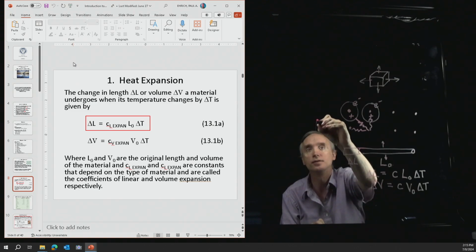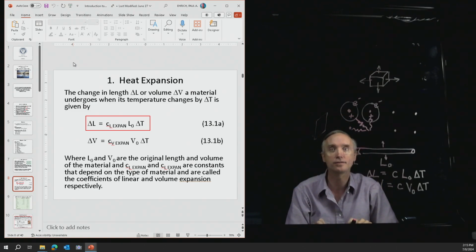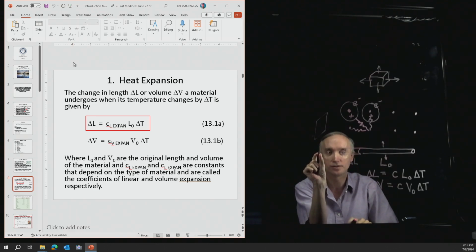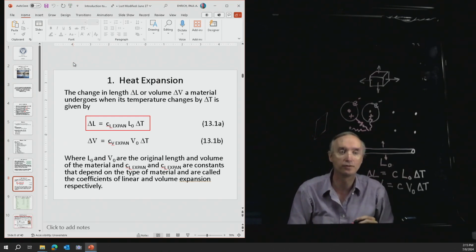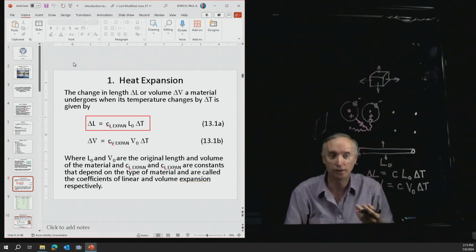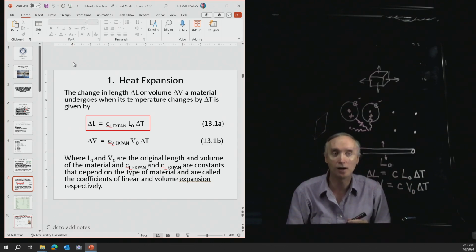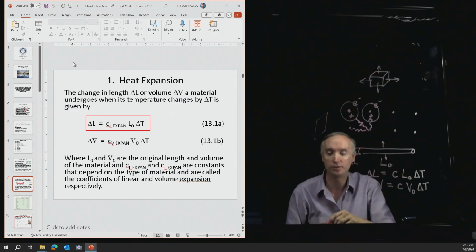Imagine that you've got a plate. If you got a plate like that, it's not going to have much thickness to it, not much length, but it is going to have quite a bit of width and height. So the third version of the formula would be change in area equals some constant, and then the original area, and then the change in temperature. But these are the two formulas that are going to be used most often.